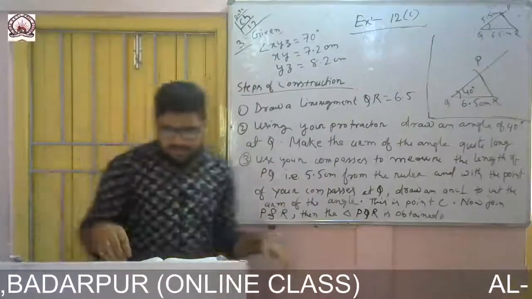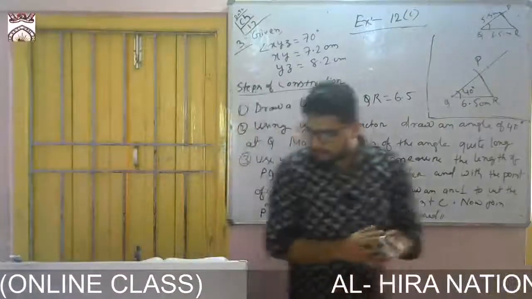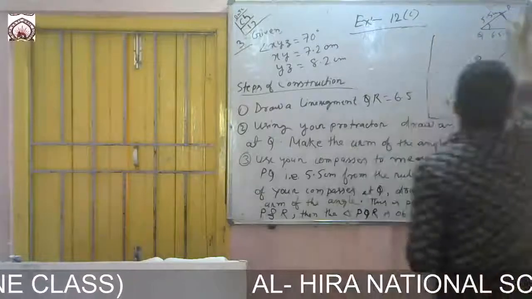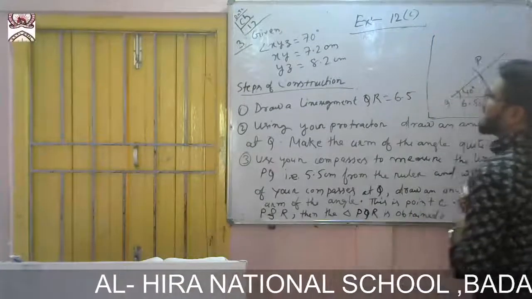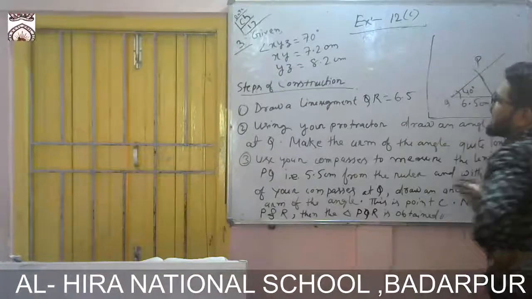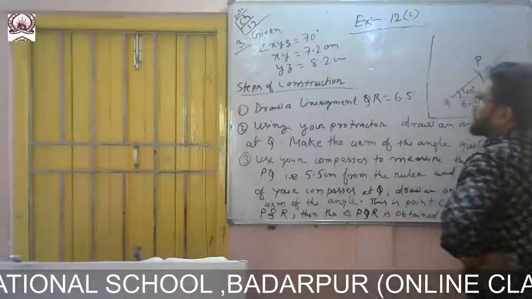This is as earlier. Let me draw the rough sketch, XYZ. At angle Y I need to show 70 degree.